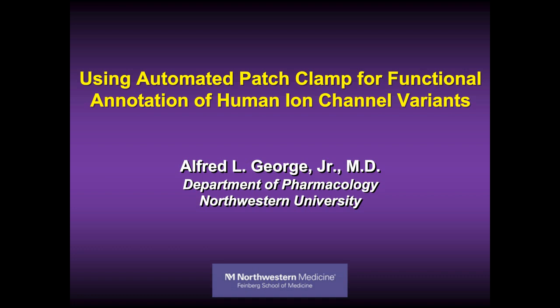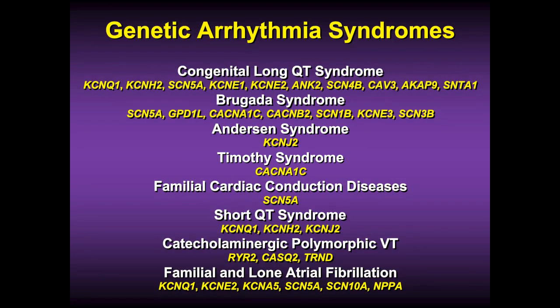this slide lists a number of genetic arrhythmia syndromes that have been identified in association with mutations in either pore-forming or accessory subunits to various cardiac ion channels. The first disease listed, the congenital long QT syndrome, is the one I'll focus on today.